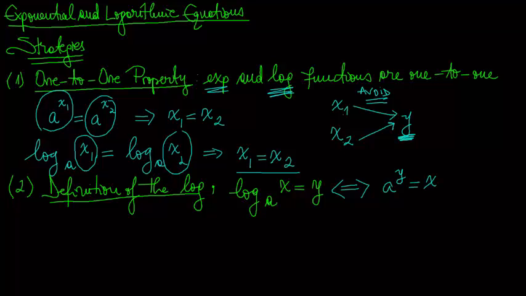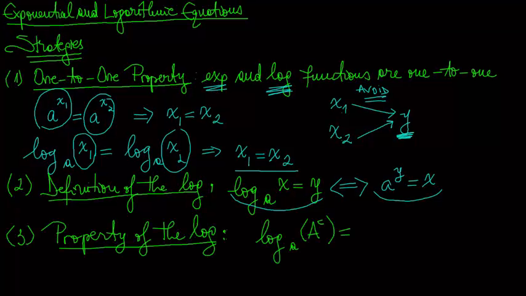Remember, since the exponential and the logarithmic function are inverses of each other, the way we go from one form to the other one is we simply interchange the input and the output, namely the old input x becomes the output and the old output becomes the new input. So we have that a to the y equals x.